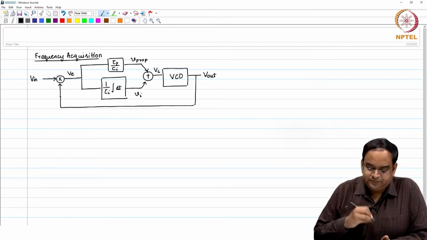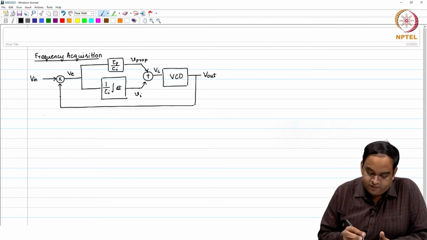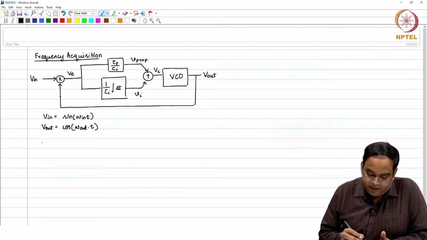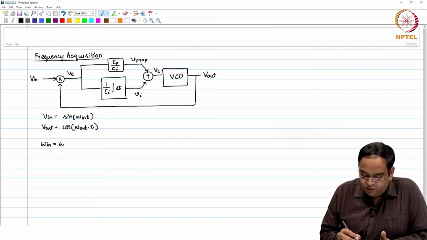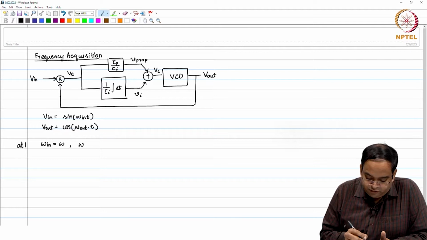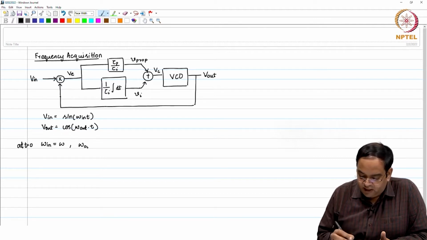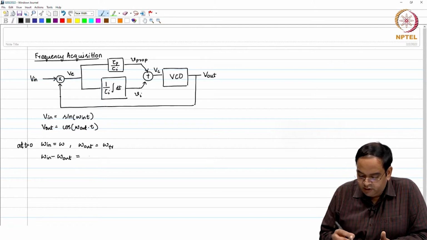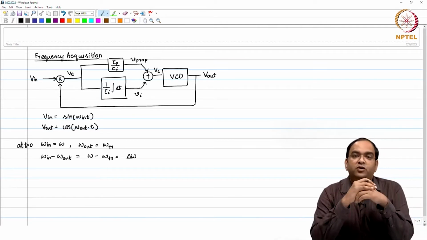In this particular example we have V in as sine of omega in t and V out as cosine of omega out t, and omega in is equal to omega at time t equal to 0, and omega out is equal to omega free. This frequency error at the beginning, omega in minus omega out, which is omega minus omega free, is delta omega at time instant t equal to 0.